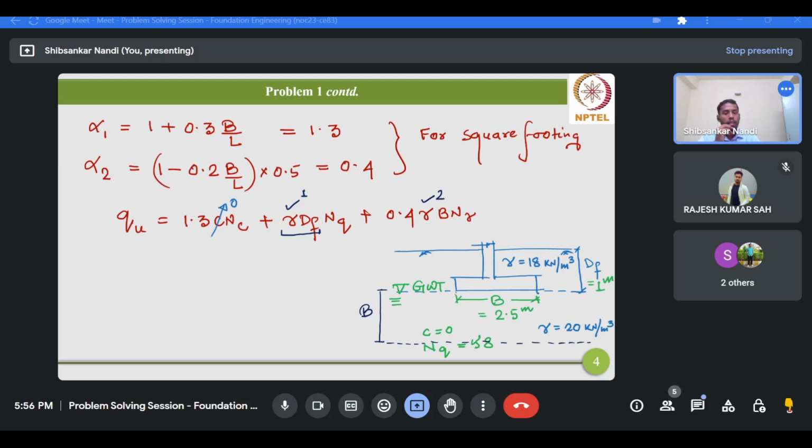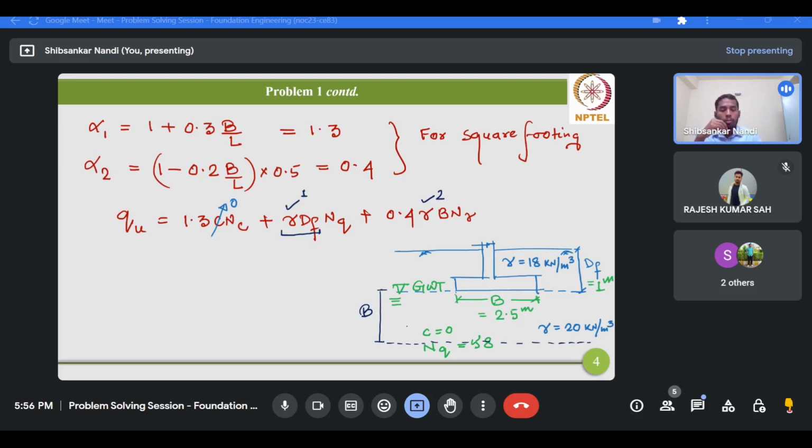When it is at the level of foundation, then only the second term will be impacted. And when it is located at a depth of Df plus B from the ground surface, or simply B from the foundation level, then none of these terms will be impacted, and in between you have to interpolate. Okay, so that we'll see in the subsequent problems.